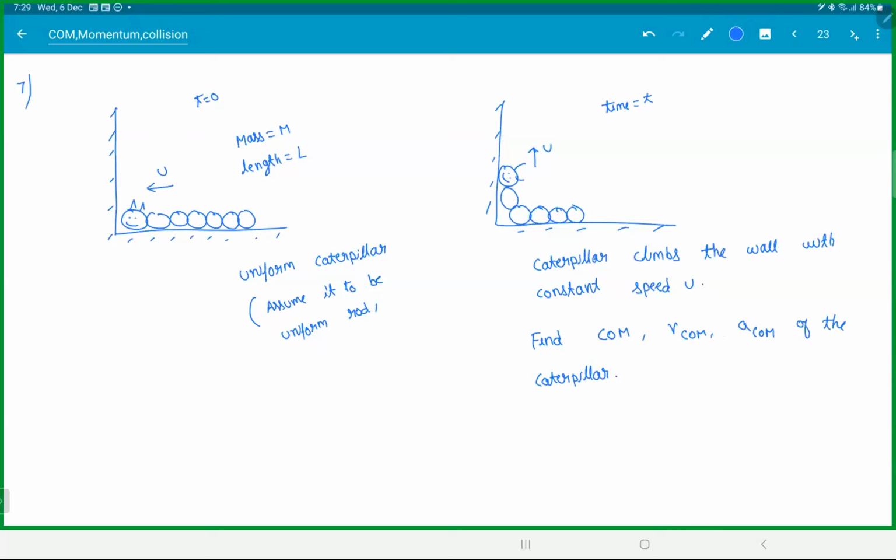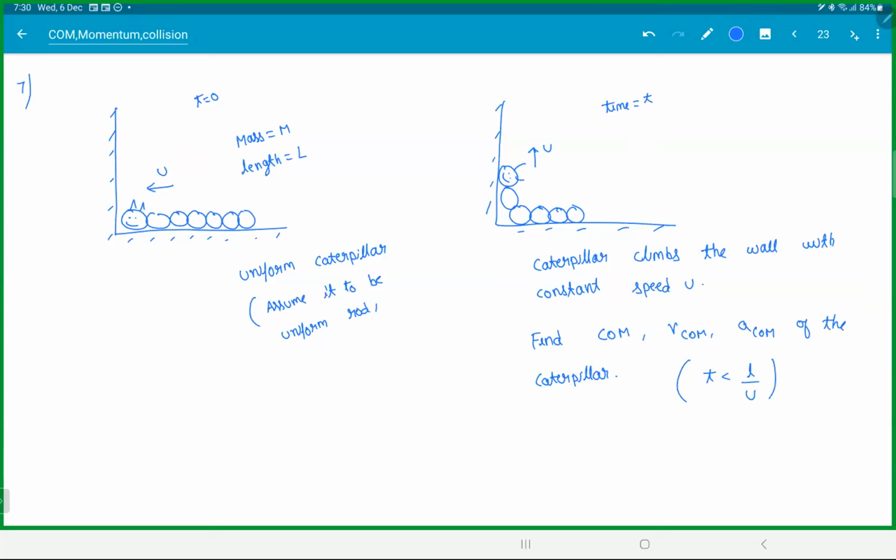Let's get this. I hope the question was clear. We have a caterpillar of mass m at t = 0. It is about to climb the wall. After time t, it has climbed some part of the wall, and we will take time t to be less than L by u. Means some part is on the wall, some part is on the floor.